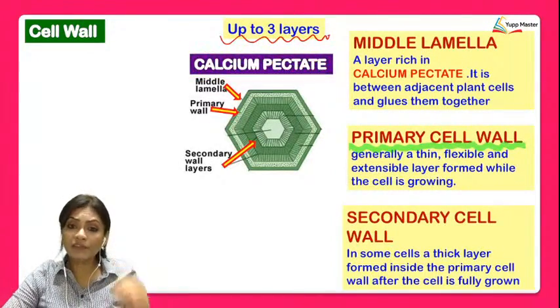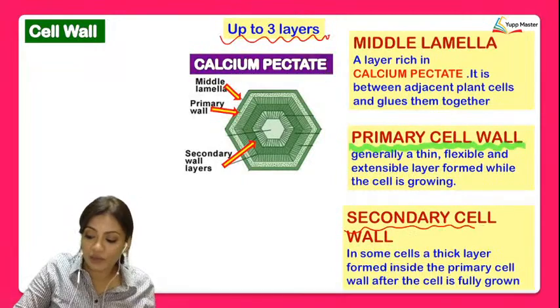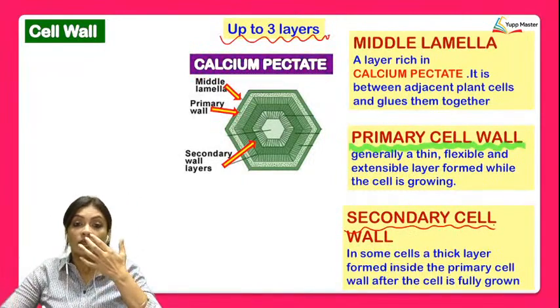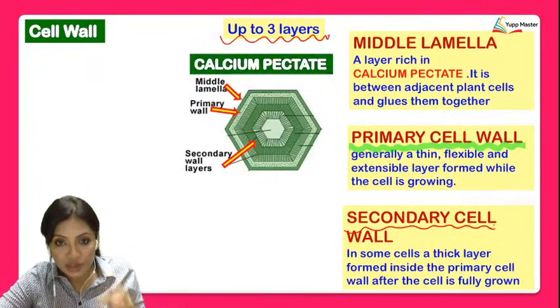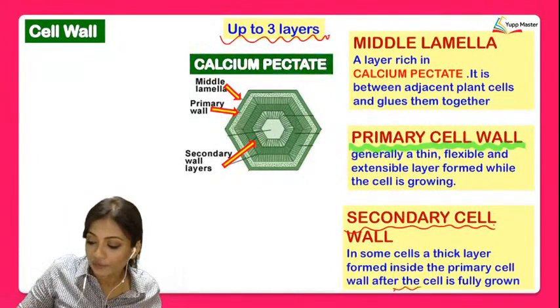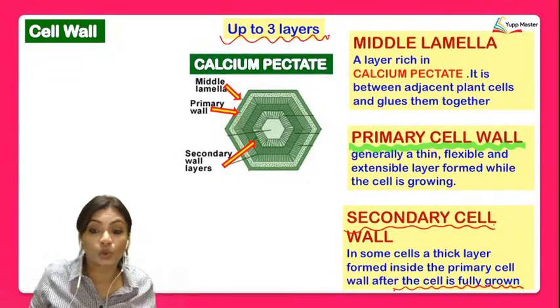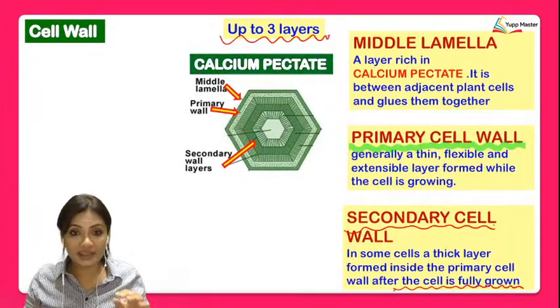But if it is a mature plant, there may also be a secondary cell wall. What is the secondary cell wall all about? It is present inner to the primary cell wall, and only after the cell is fully grown.